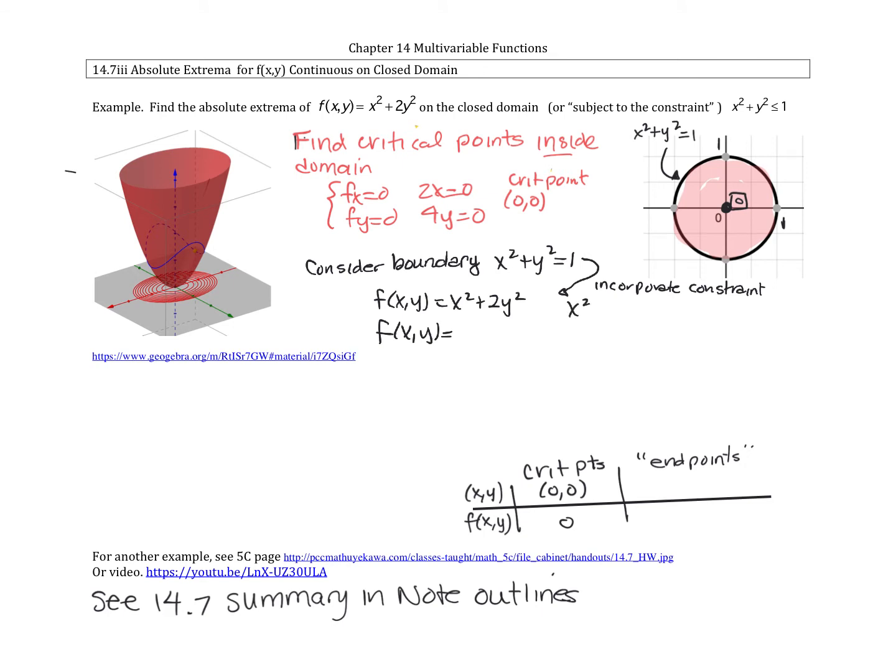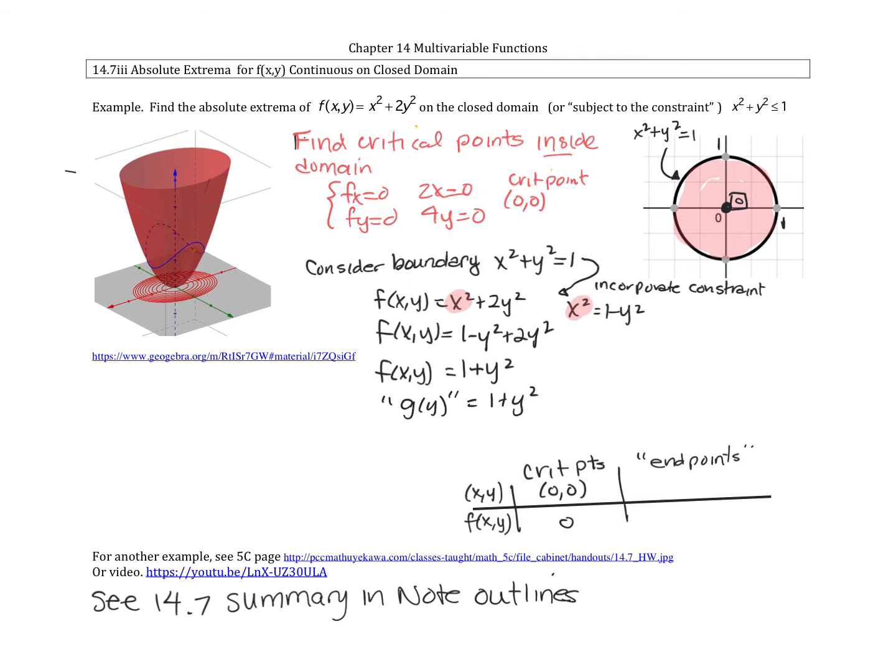X squared equals 1 minus y squared. So I'll substitute that here. I don't actually need to solve for x because I'm substituting for x squared anyway. So x squared is 1 minus y squared. And so I get 1 plus y squared. Now that's my function. Notice how we eliminated one of the variables? So I like to call it some function of y now.